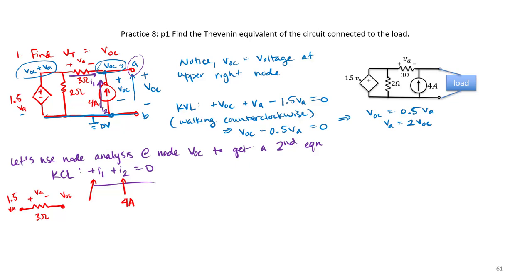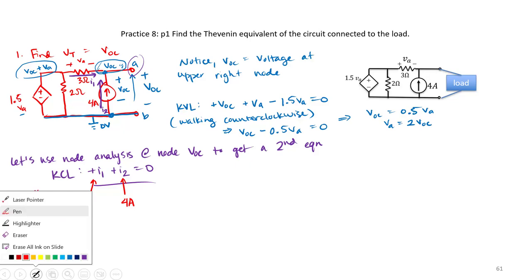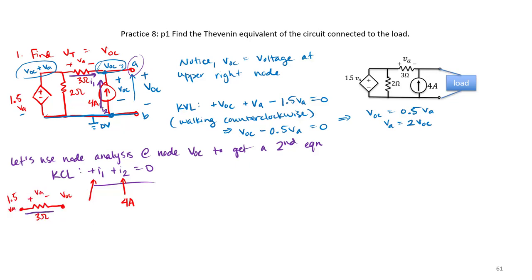Again, that just comes from my figure. So if I want to find the current flowing through that 3 ohm resistor from 1.5 VA to VOC, I can write that my current I1 is just going to be 1.5 VA minus VOC divided by 3 ohms.